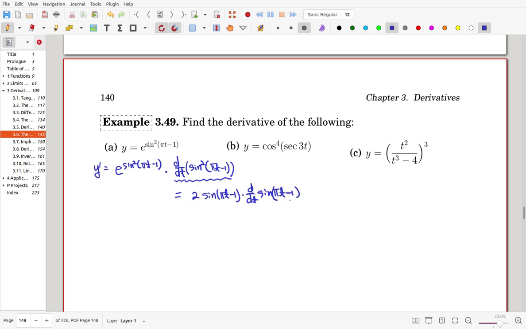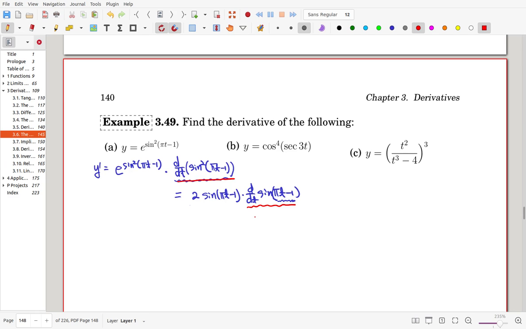Now again, we are considering pi t minus 1 as a variable. Then for this derivative, let's try to use a different color here. We consider pi t minus 1 as a variable.